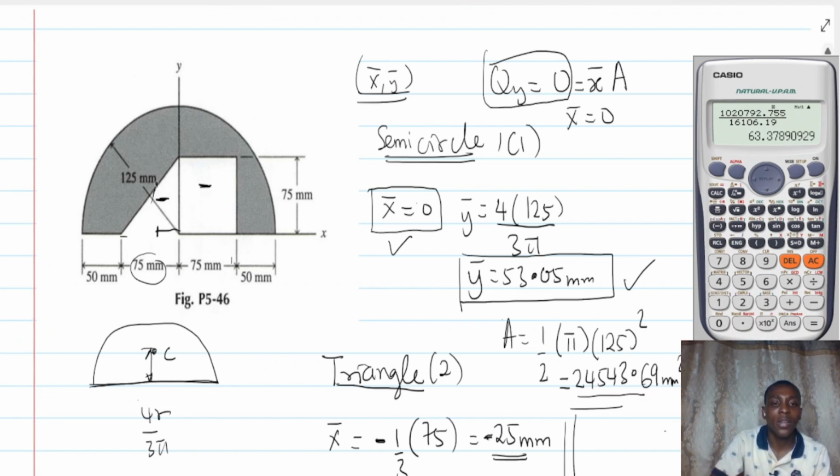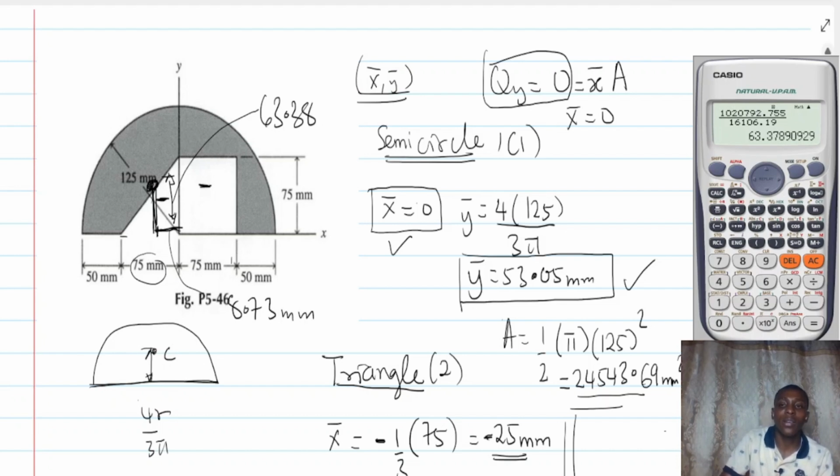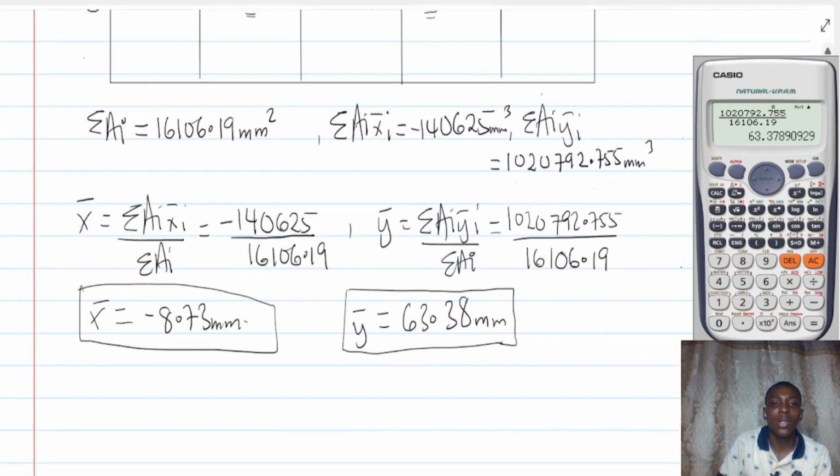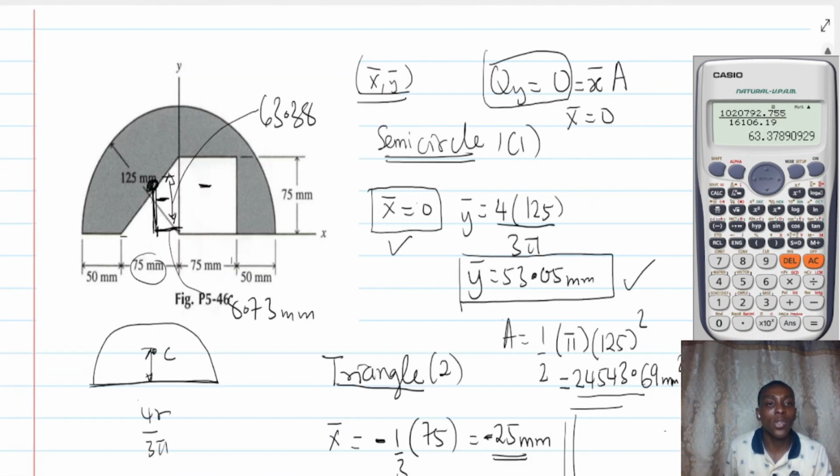So maybe somewhere here. So along the x, it is 8.73 in the negative x direction. And then along the y, it is 63.38 millimeters. All right, so this problem has been solved.